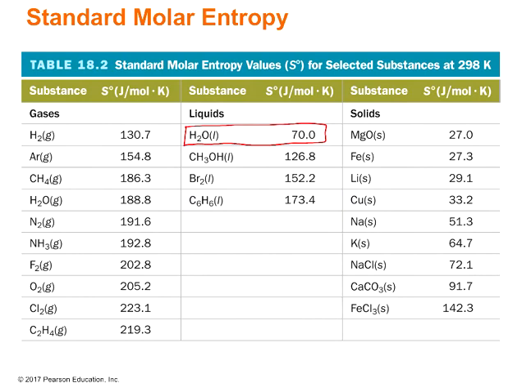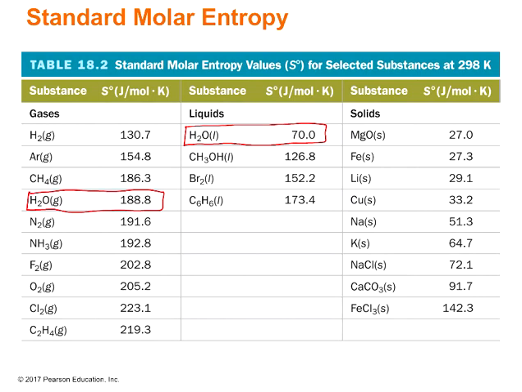But if we compare that to a gas, like water as a gas, that's an easy comparison, you'll notice that the standard molar entropy has increased. And this does follow what we said previously, that gases have more entropy than liquids.